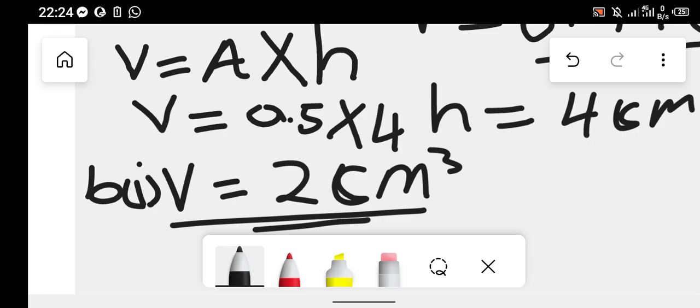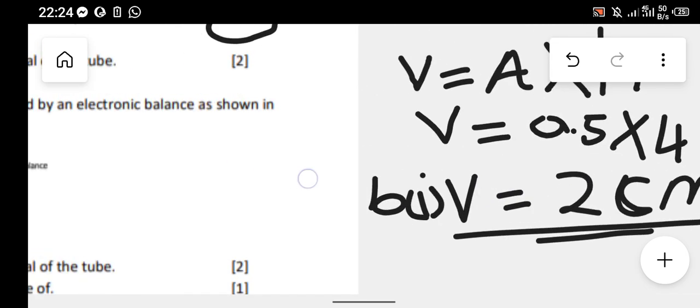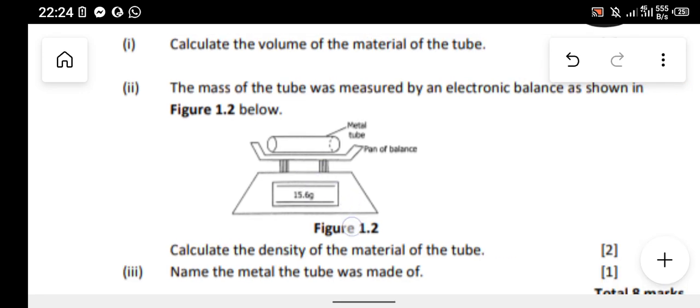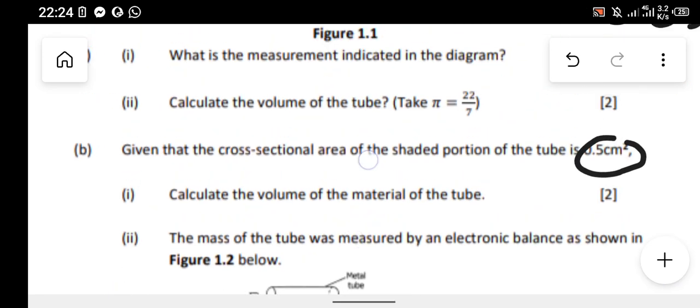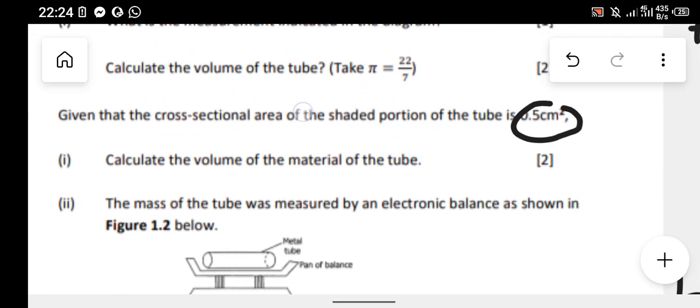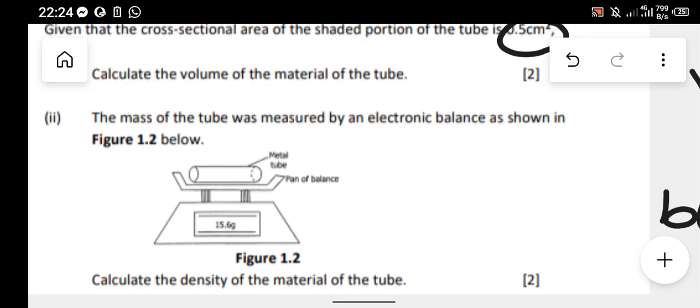Okay, so moving on, let's get back to the question. Let's look at question B2. Question B2 reads: the mass of a tube was measured by an electric balance as shown in figure 1.2 below.